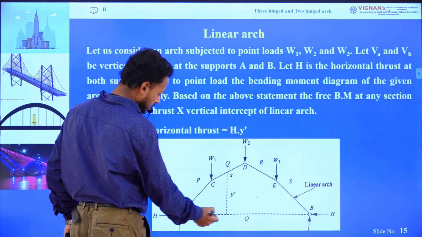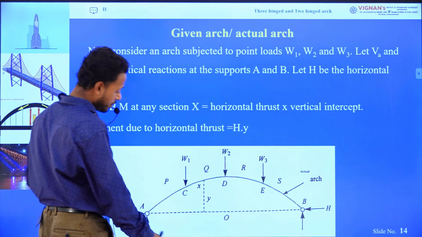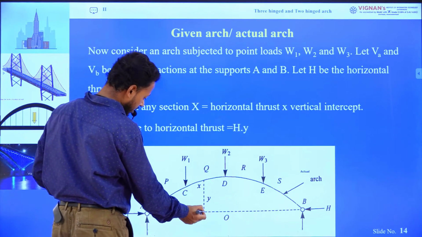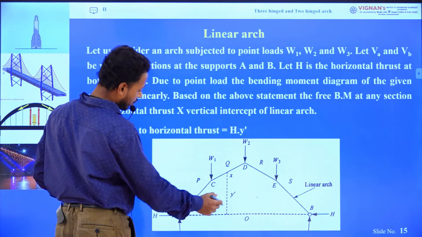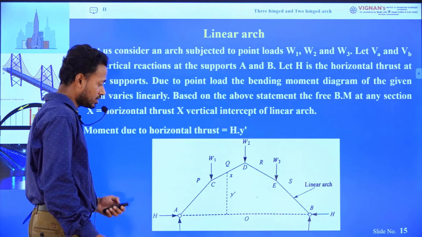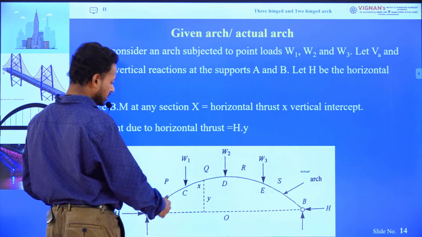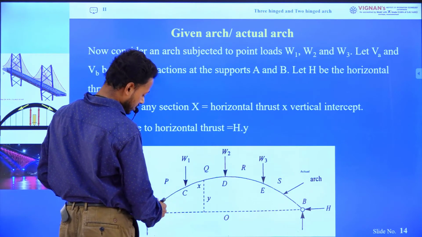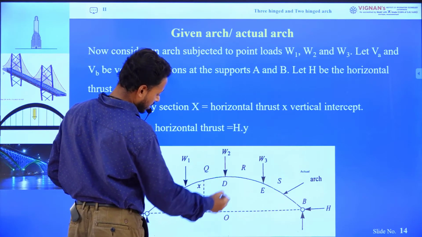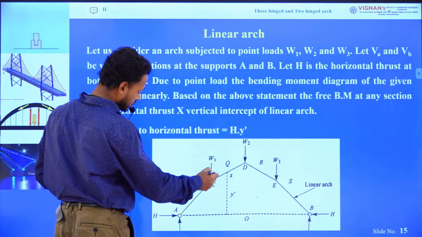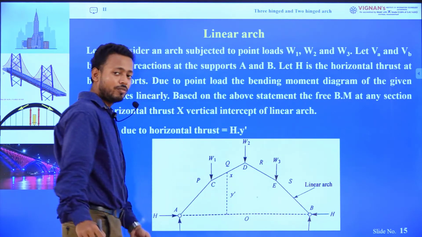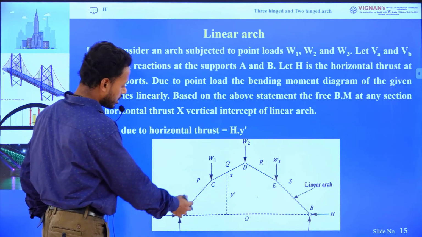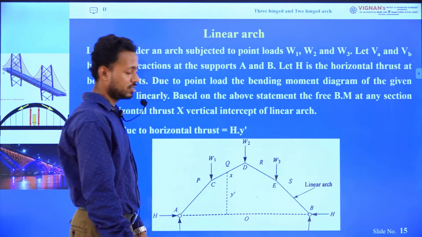Here the distance is x, the same as in the previous slide, but the ordinate has changed, because in the previous slide, for the given or actual arch, the line was curved, but here the line is straight. So the ordinate will obviously be different. So this ordinate I am assuming is y dash.